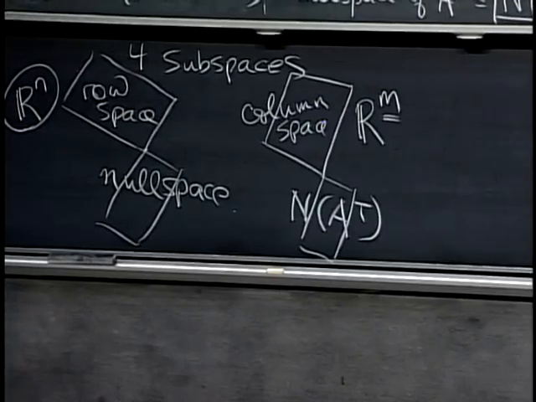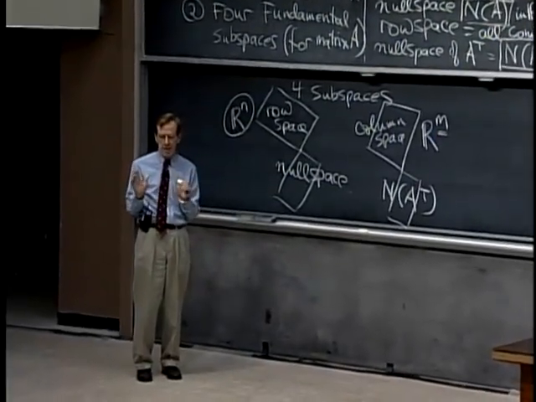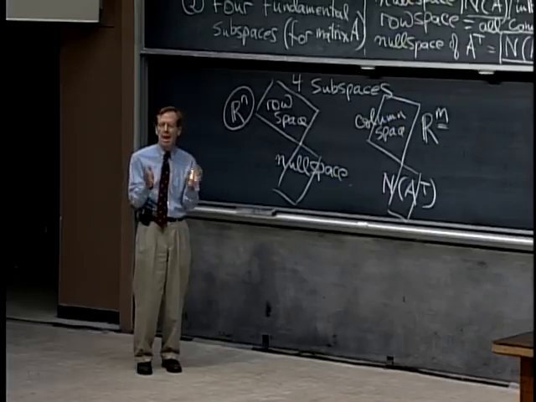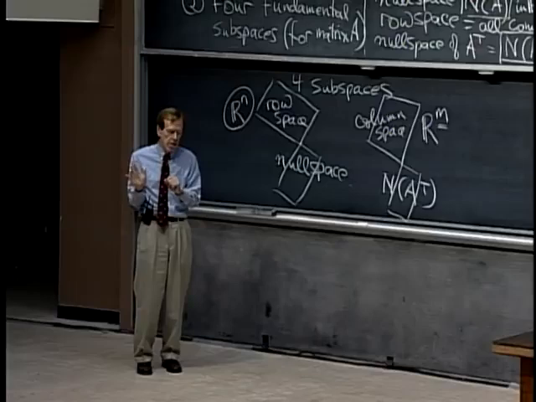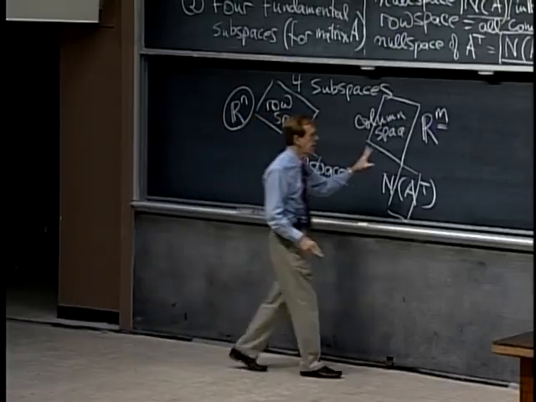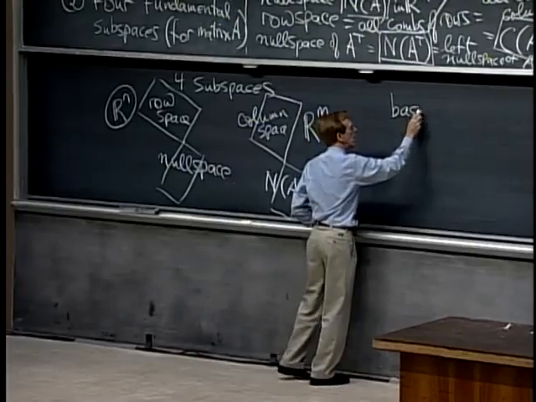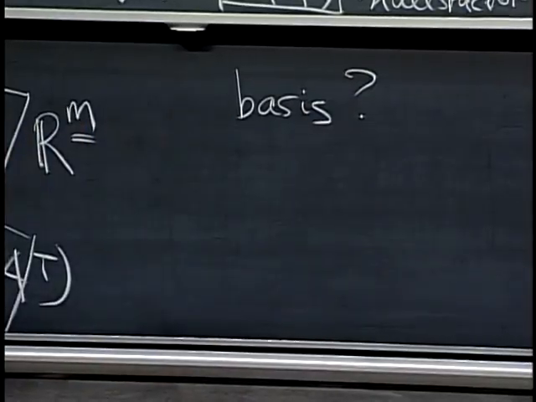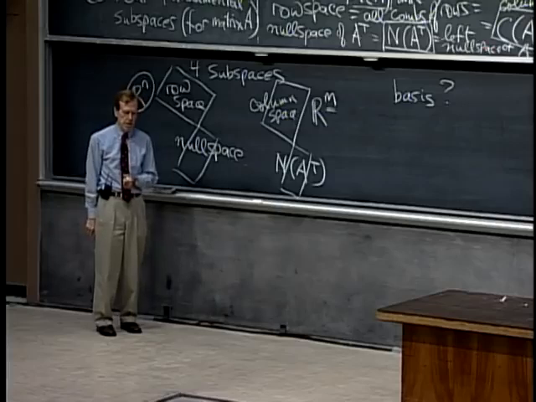To understand these spaces is our job now. Because by understanding those spaces, we know everything about this half of linear algebra. What do I mean by understanding those spaces? I would like to know a basis for those spaces. For each one of those spaces, how would I construct a basis? What systematic way would produce a basis?